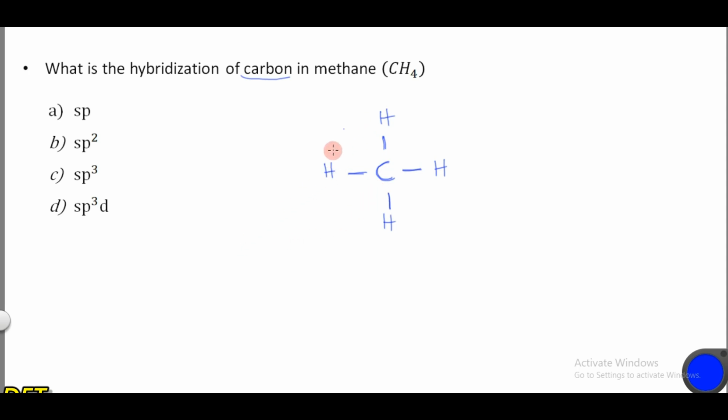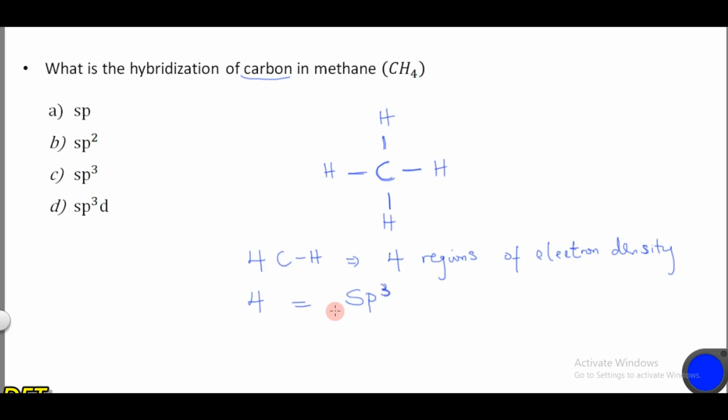So there are 4 carbon to hydrogen single bonds, and this represents 4 regions of electron density. So 4 regions of electron density, if we match that with what we have, will be equal to what?